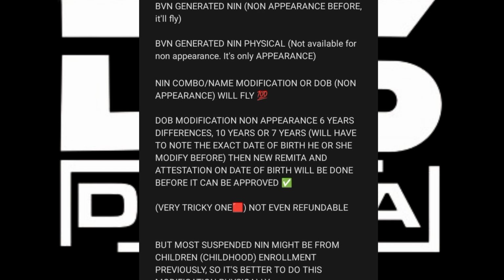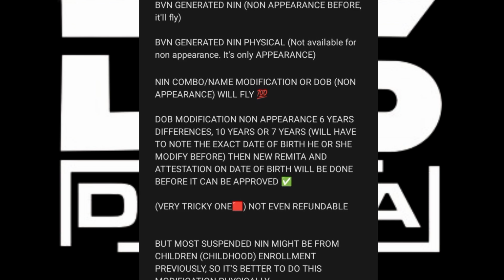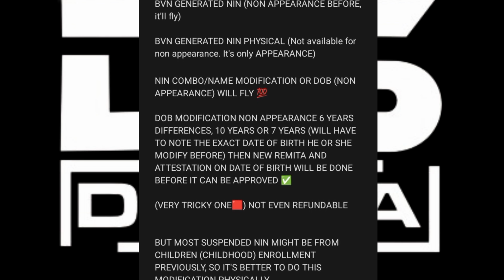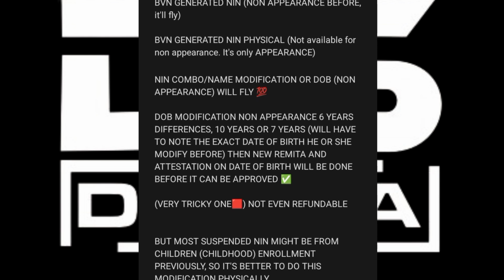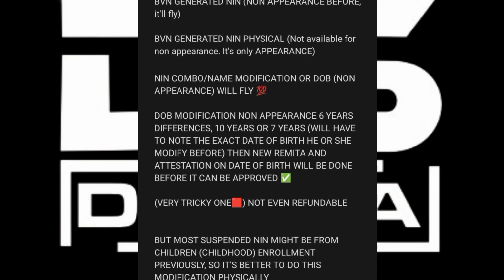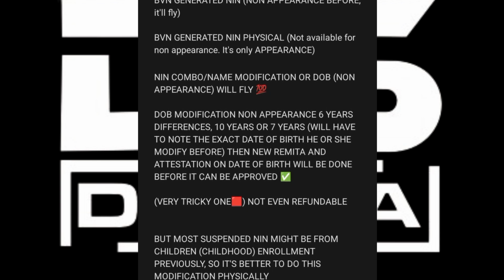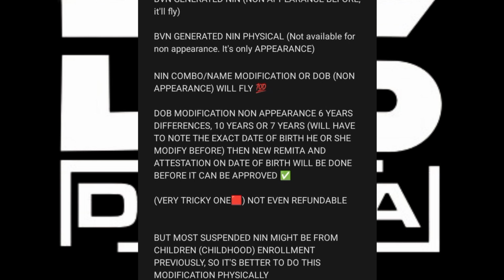So now the BVN generated NIN, which is BVN that was done for you at the bank. You know, there are some old users that have BVN that was linked to their NIN, like the NIN was embedded into their BVN automatically by the bank.